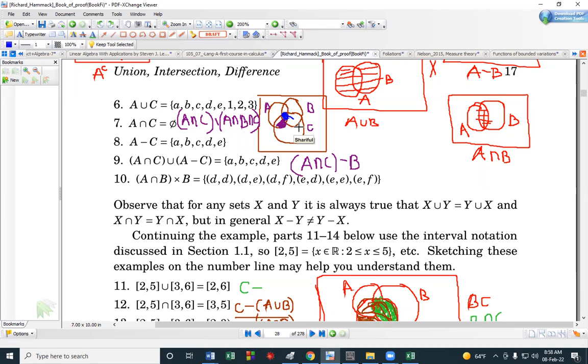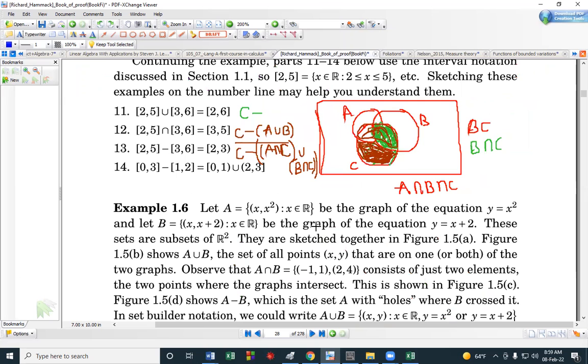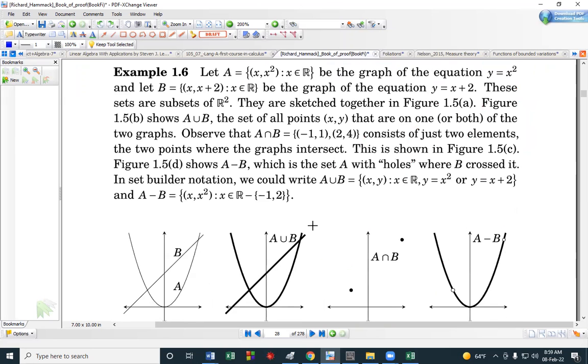The picture has been shifted a little bit. Anyway, A intersection C is this common part, and A intersection B intersection C is a part of this common part too. If you subtract that part, we are left with this purple shaded region. So anyway, these are ideas of representing sets in a Venn diagram.